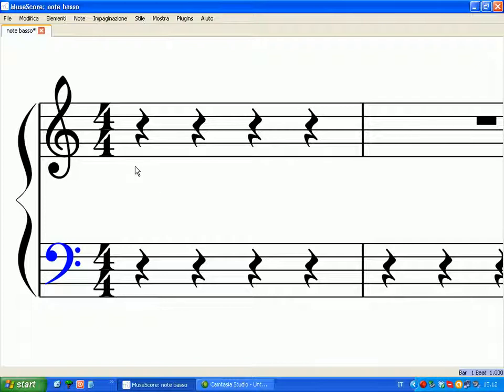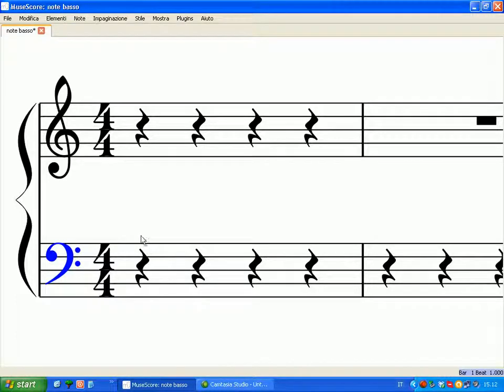now, to represent the middle C in the bass clef, we are going to use the first ledger line above the fifth line of the pentagram. So 1, 2, 3, 4, 5. This is the fifth line.